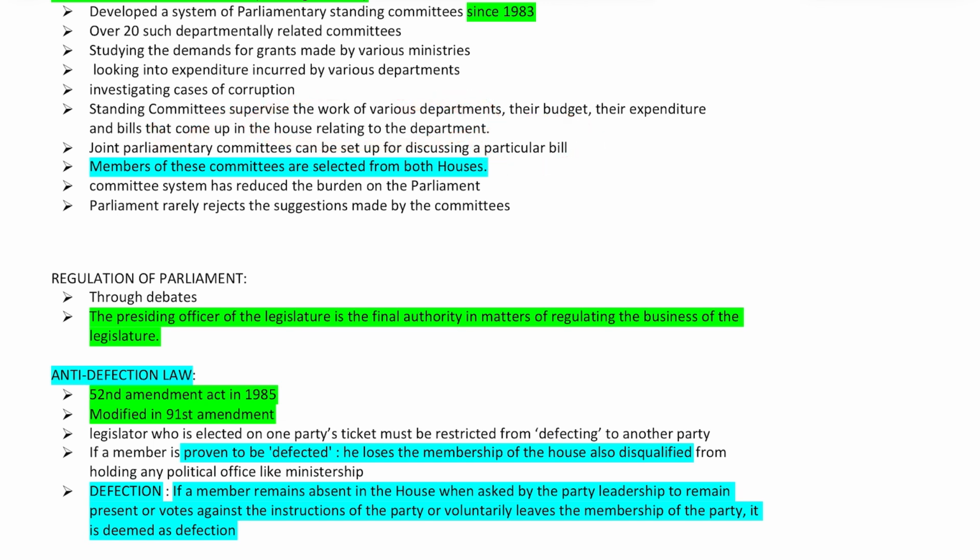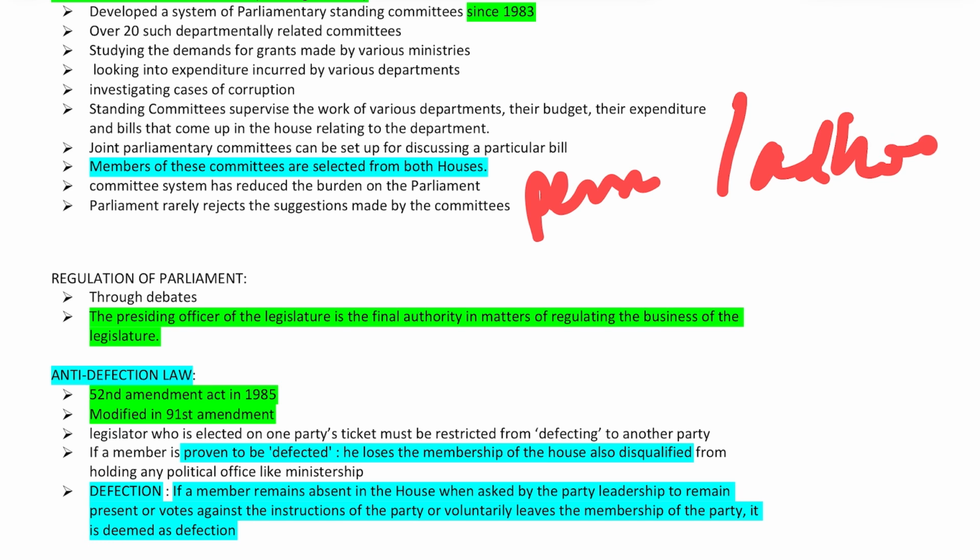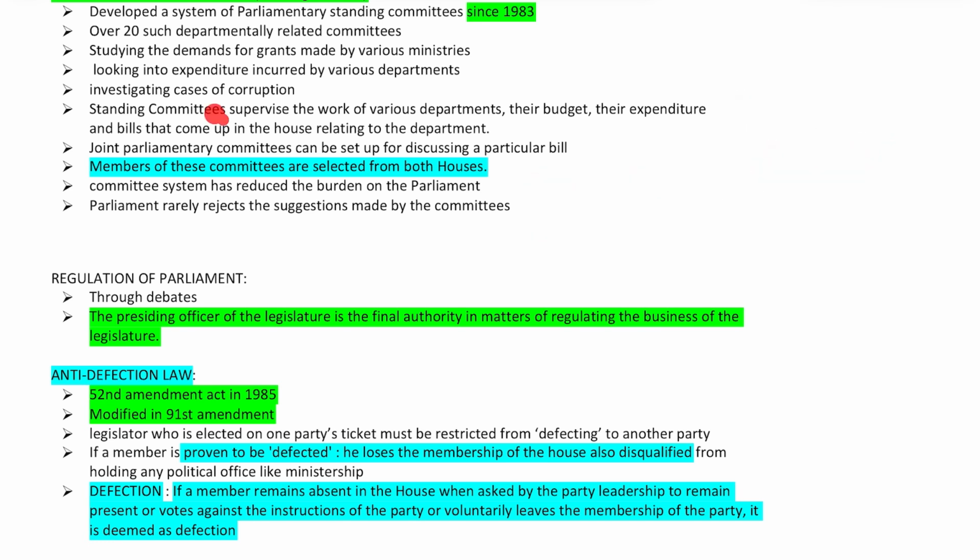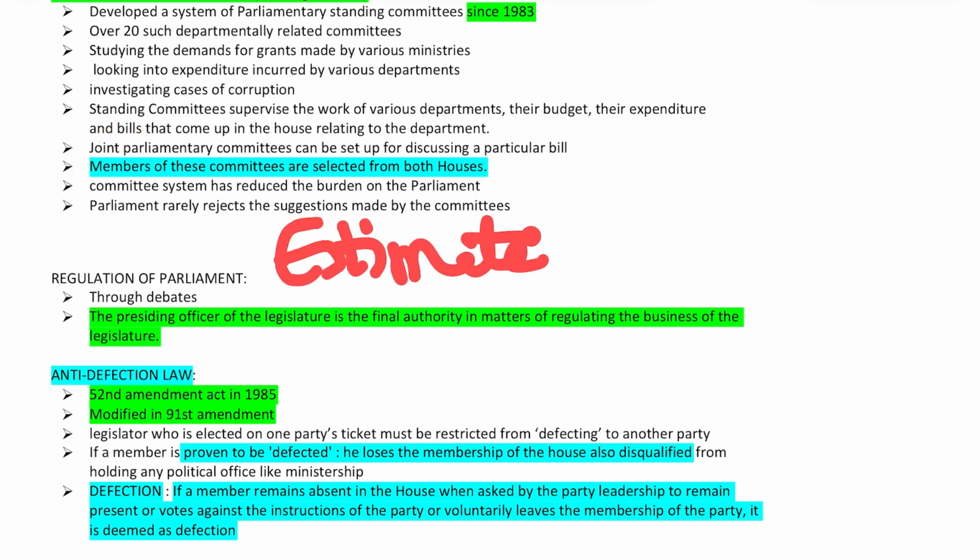So basically, there are two types of committees in the Parliament: permanent or ad hoc. These joint parliamentary committees are set up for a particular reason, and then they dissolve after that matter is done with. The members of these committees are selected from both the houses. However, the members of the Estimates Committee are only from the Lok Sabha.